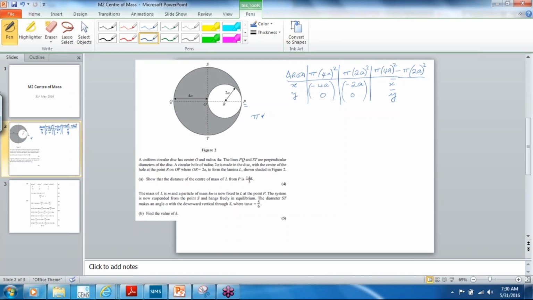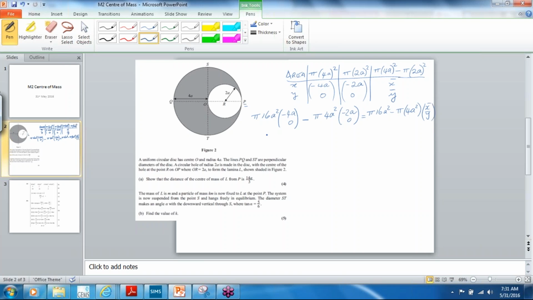Pi times (4a) squared is 16 pi a squared, times negative 4a, 0, minus pi (2a) squared, which is 4 pi a squared, times negative 2a, 0. That should equal the area, which is 16 pi a squared minus 4 pi a squared, times x bar, y bar, the average x and y.